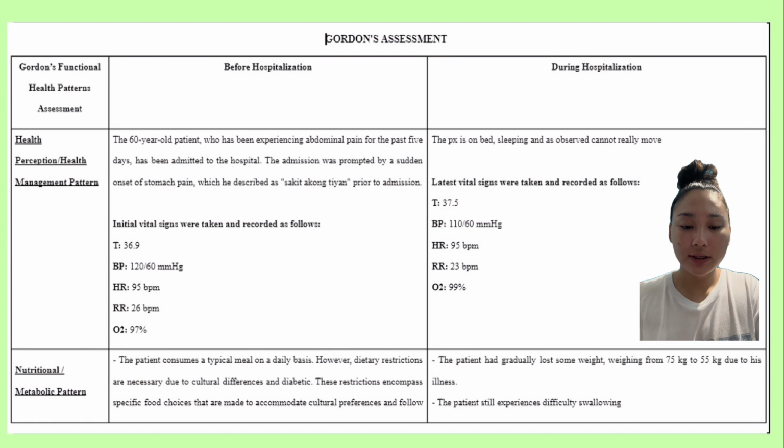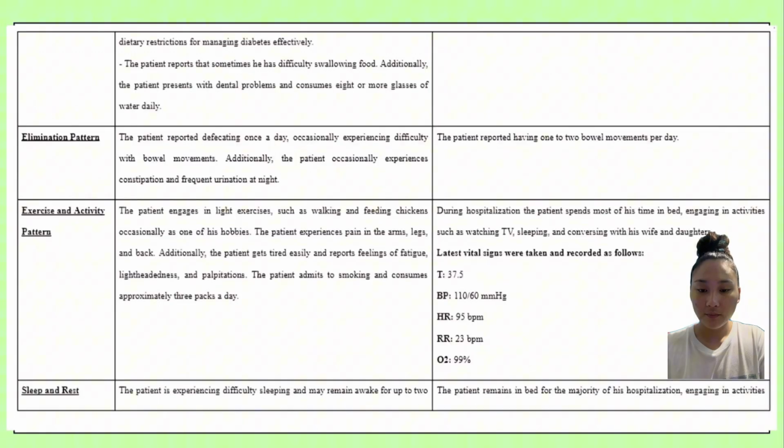And during hospitalization, the patient had gradually lost some weight, from 75 kg to 55 kg due to his illness. And the patient still experiences difficulty swallowing. Next is elimination pattern.